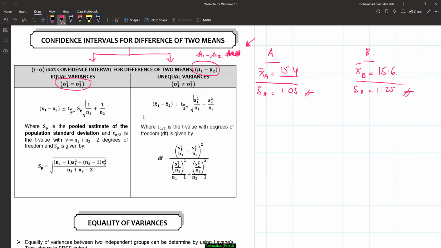And when we have unequal variance, still we are using pooled standard deviation... sorry, no, I think this is the wrong way around. When we have equal variance, we need to pool the standard deviation. When we have unequal variance, we don't need to pool the standard deviation.